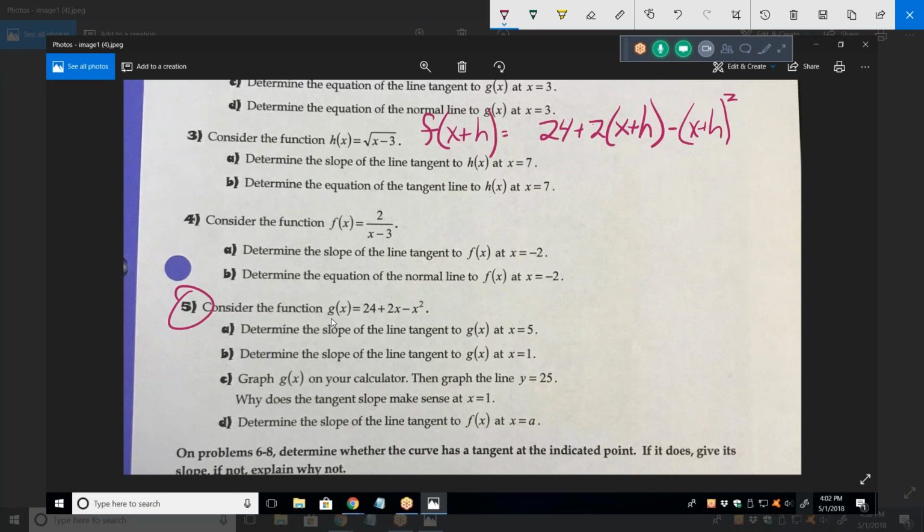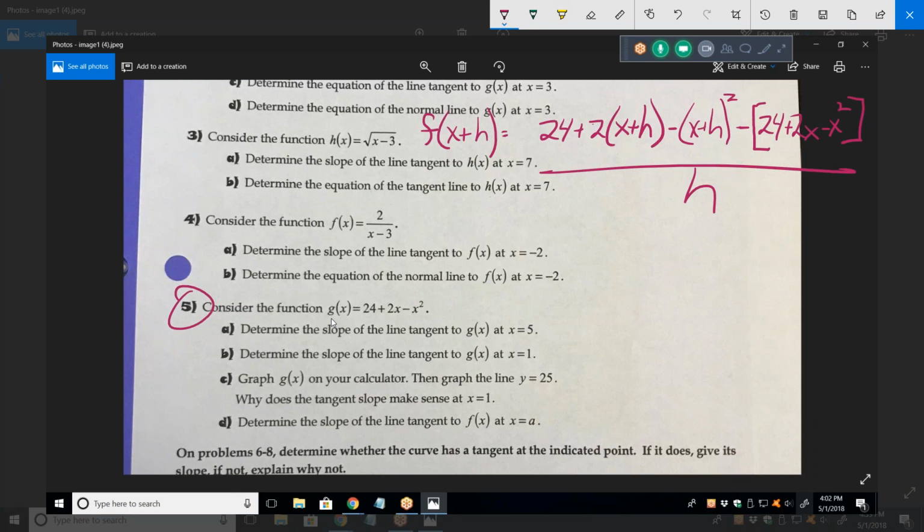Remember, what we're doing is subtracting from that, and parentheses are extremely important here. I need parentheses desperately. I'm not going to get the right answer if I don't put them in. I'm subtracting f of x. All of that goes over h.